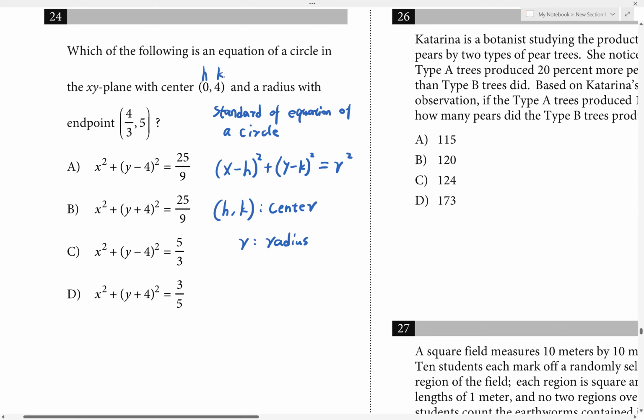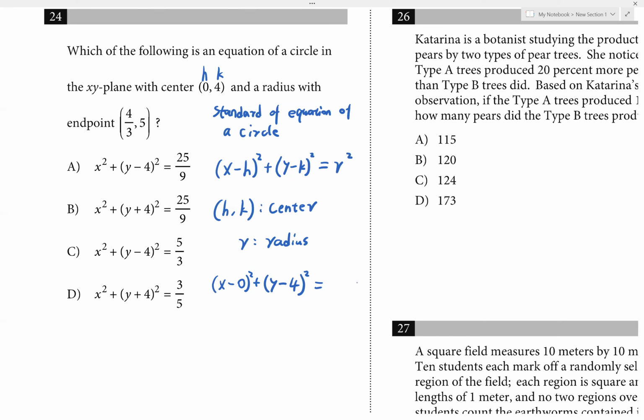If you plug in the h and the k value, it should be x minus 0 squared plus y minus 4 squared should equal the radius squared. The x value and the y value for the center are the h and the k value.